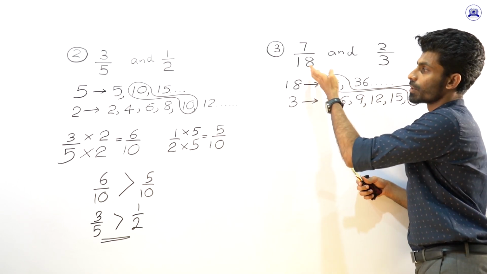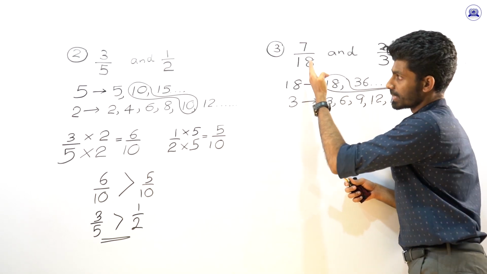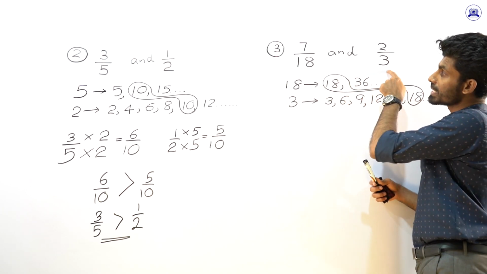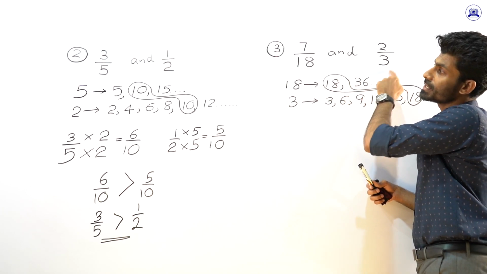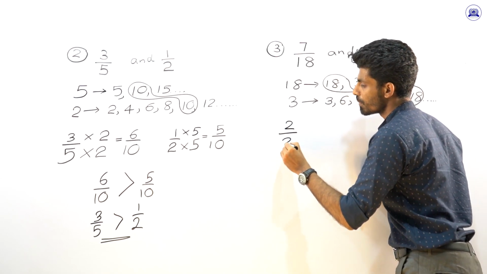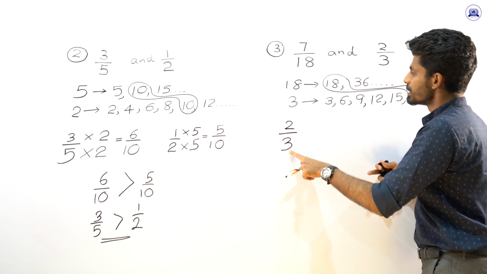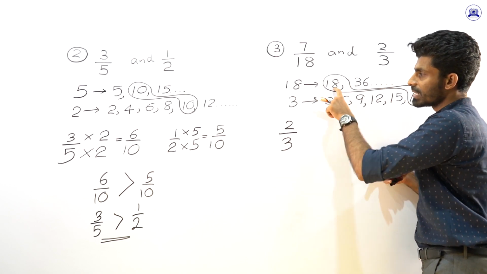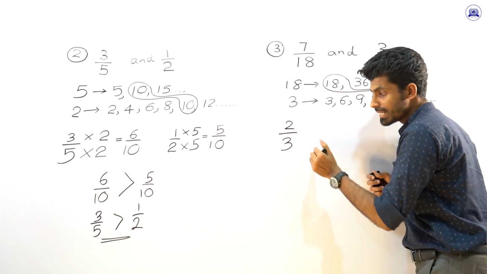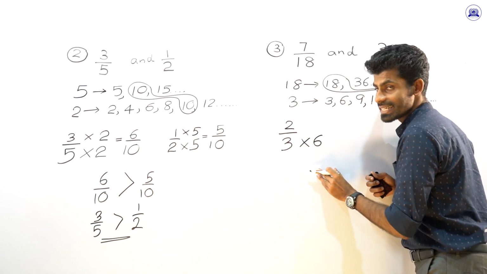No, because it is already 18, so no need to change that one. But we need to find an equivalent fraction for this one. So 2 over 3: we need to convert that 3 into 18, creating an equivalent fraction with denominator 18. Then you need to multiply by 6.